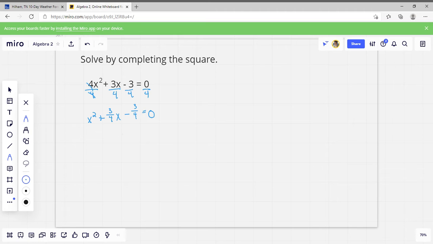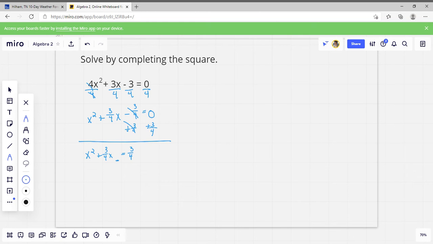Okay, so now when we do completing the square, we're going to move this to the other side. Those cancel. We get x squared plus 3/4 x equals 3/4.